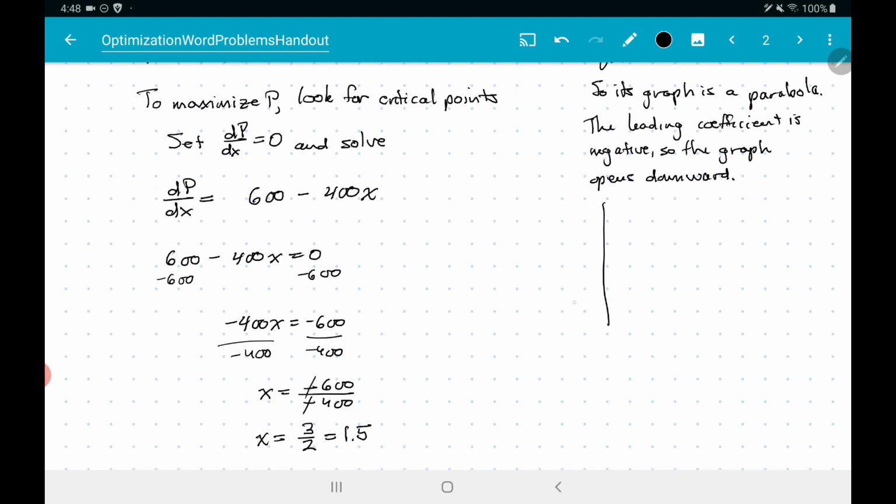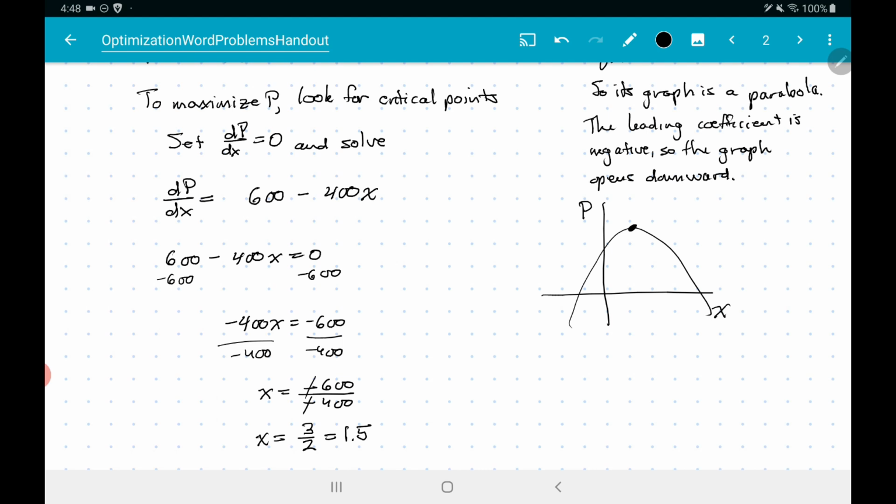That means that whatever x is, the graph of P of x looks something like this. Let me put this on the axis. And right here is the critical point. And since the parabola opens downward, that critical point must be a local maximum.